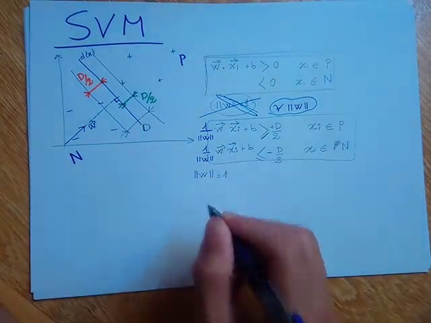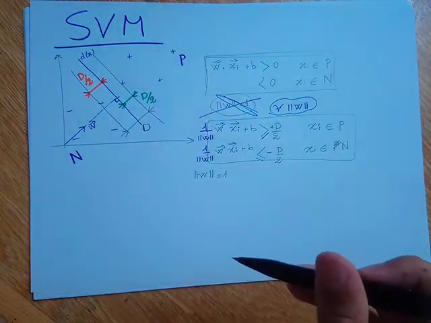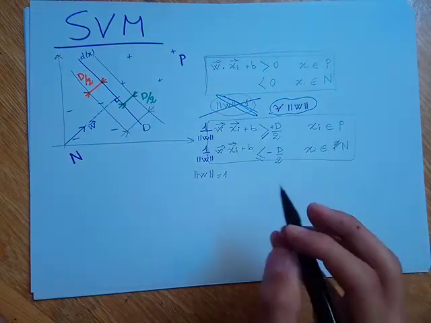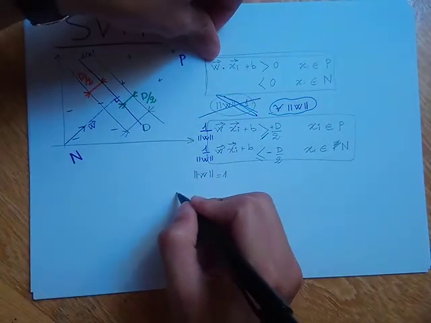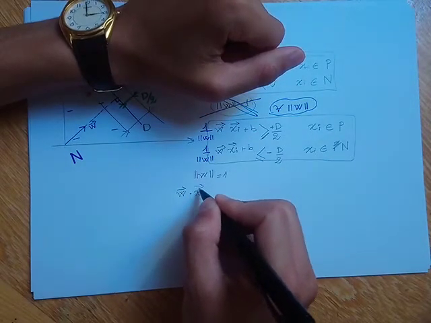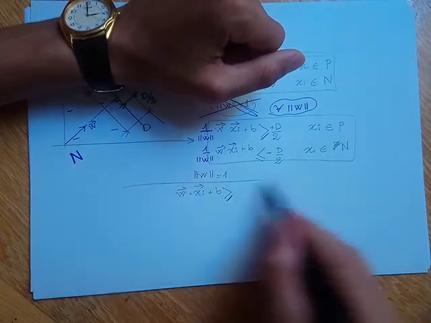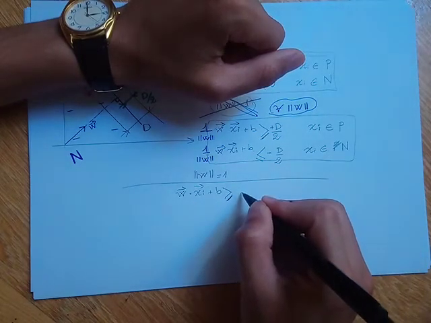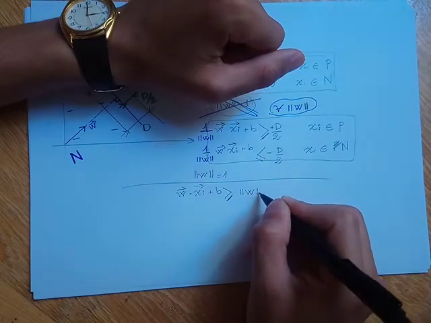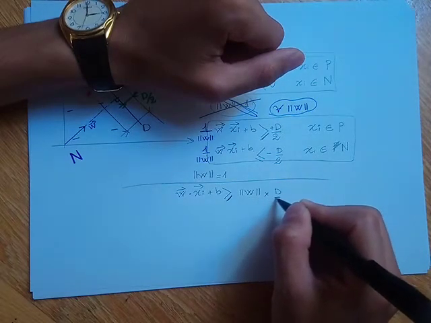I can say W dotted with xi plus b is higher or equal than the magnitude of W multiplied by d by 2.